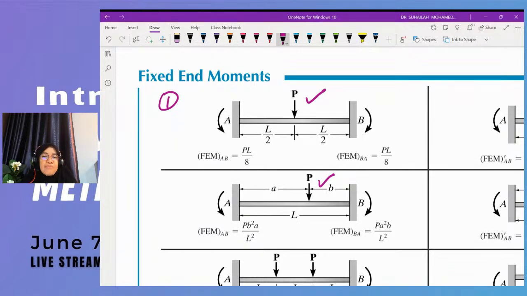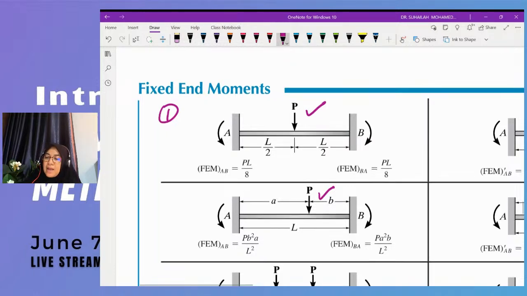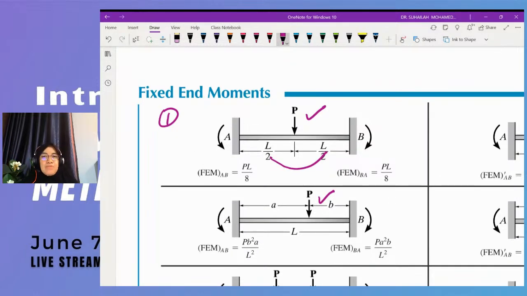The first type of fixed end moment, the beam is subjected to a point load at the center. So when P is subjected at the center of the beam, the beam will deflect, and there will be reactions at both A and B to counter back the bent beam to its original position.